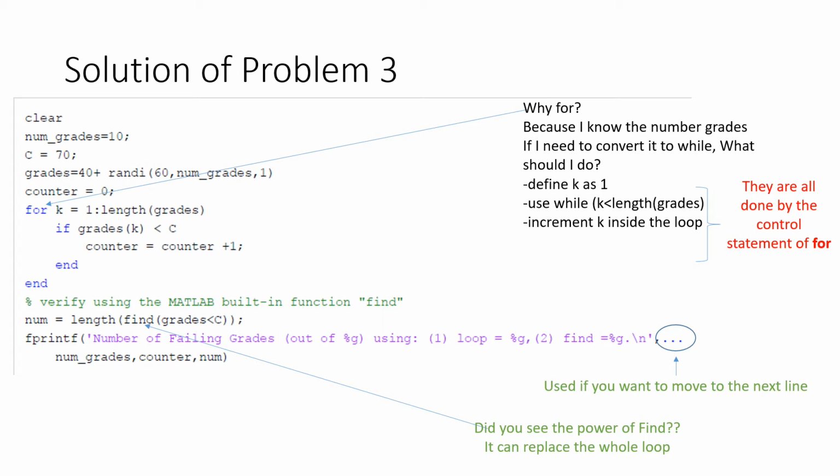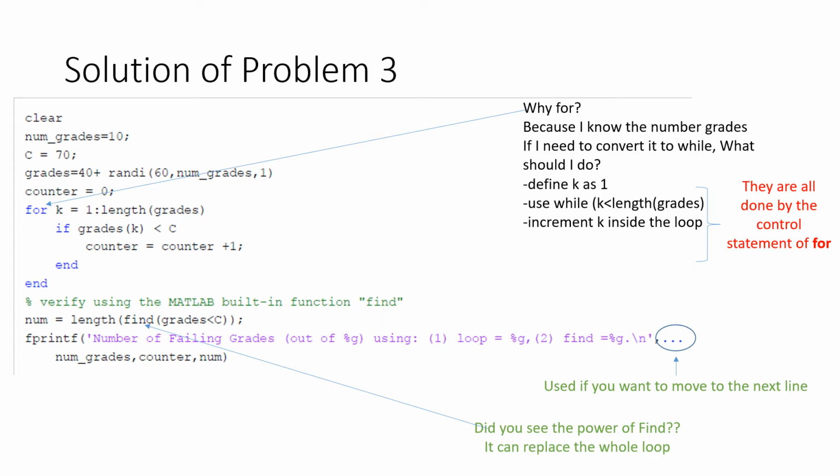So for k equal to 1 to the length of grades, if grades of k, which means the element at this index k, is less than c, then I should add 1 to this counter. Then I end my if, and do not forget to end your for.